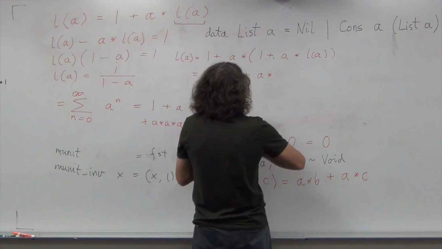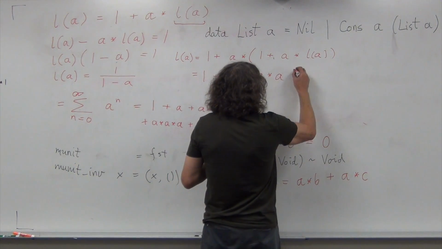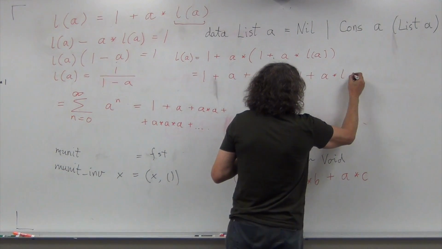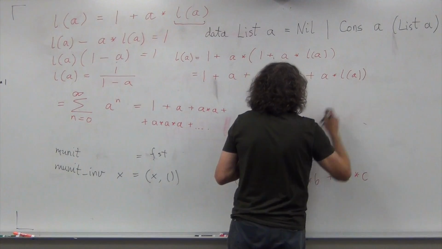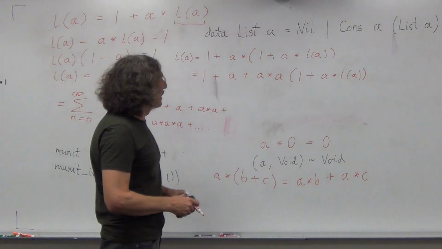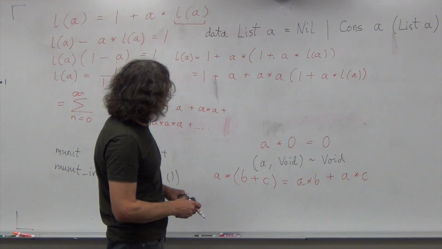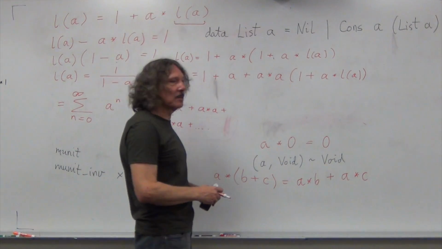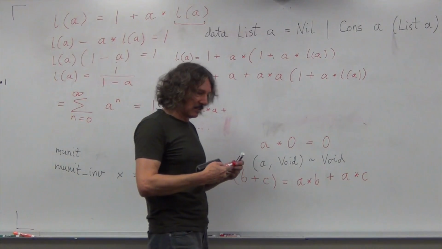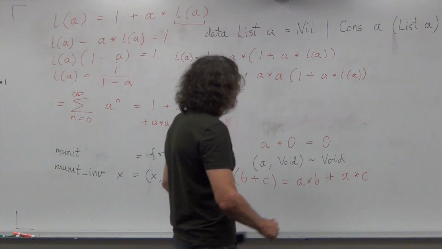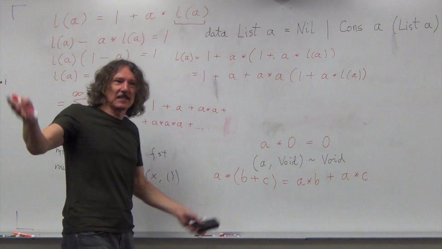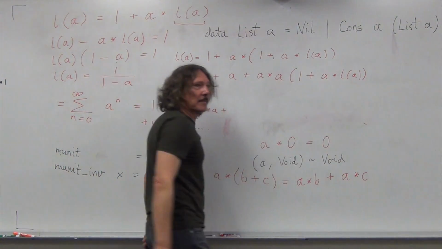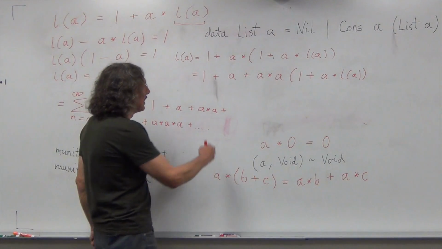You got excited about the 1. A times A, there you go, times 1 plus A times L of A. So I can skip some of the parentheses because of associativity, and I can just continue expanding this.